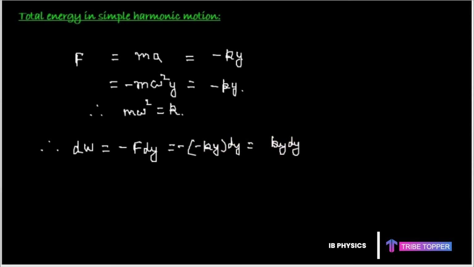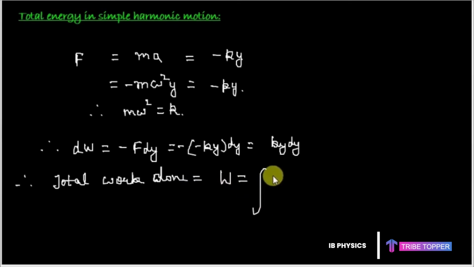The total work done for the complete displacement from the mean position to the extreme position is w equal to the integral of ky dy from position 0 to the maximum displacement y. So we get this as half ky square.